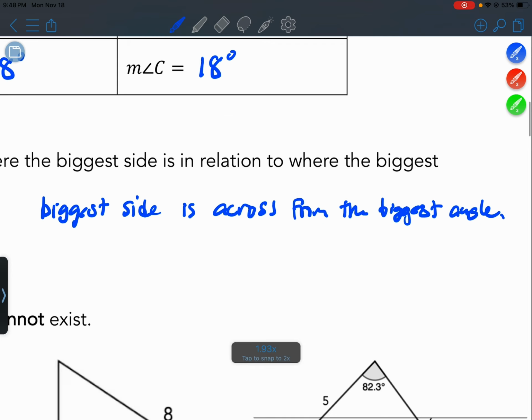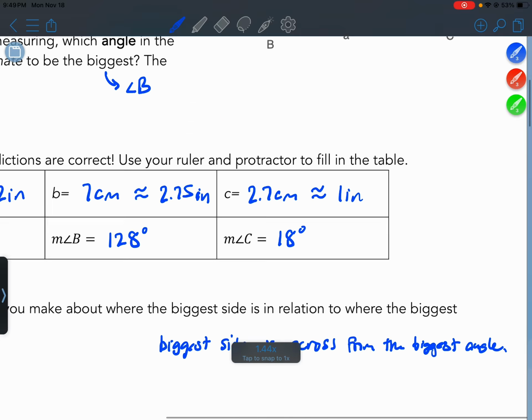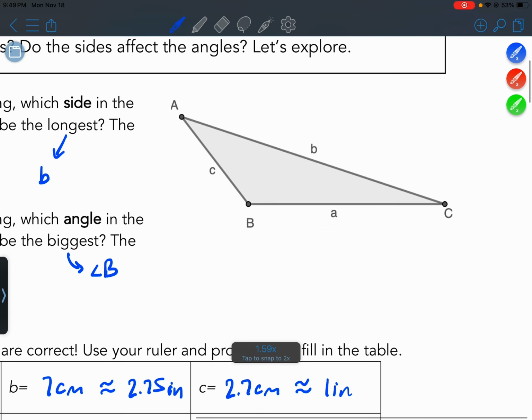All right, biggest side across from the biggest angle. If we label the image, that'll make it a little bit clearer. Let's label the sides big, medium, and small. So this was the biggest side, this was the smallest side, and this one was the medium one.